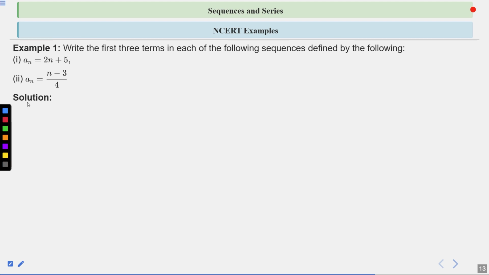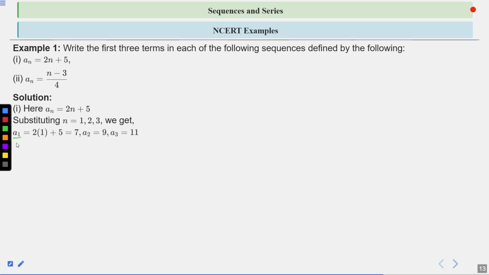Now for the first, the nth term is 2n plus 5. What you have to do is find the first three terms of the sequence. So we substitute n equals 1, 2, 3 in order to get the first three terms. Just substitute 1, then 2, then 3, and solve.